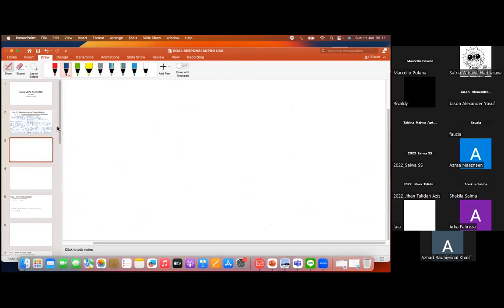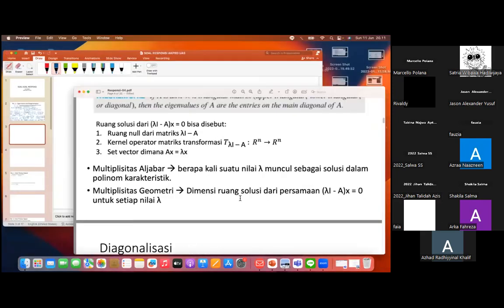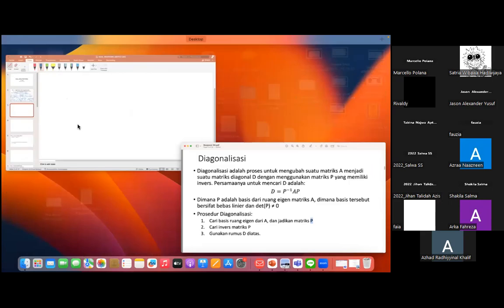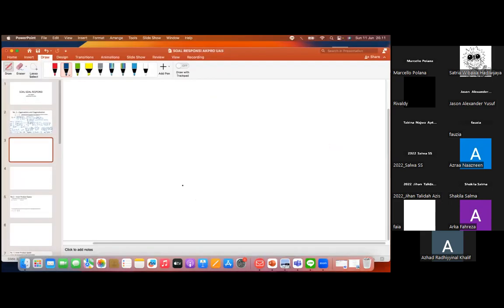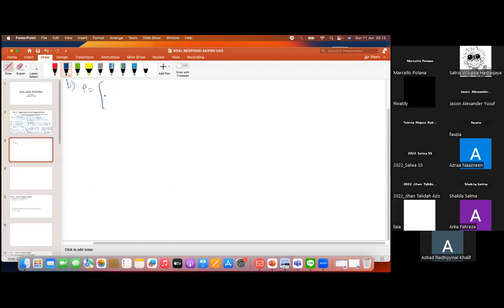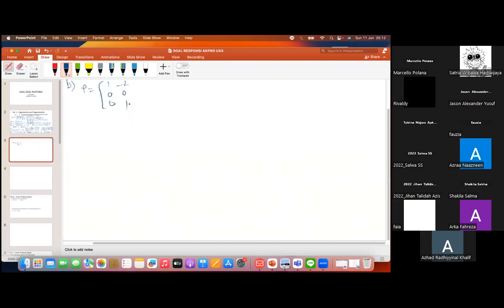The next part of the problem is the diagonalization process. As usual, we already found matrix P, which is made from the basis of the eigenspace of A. So we'll write P equals 1, negative 2, 0; 0, 0, 1; 0, 1, 0.